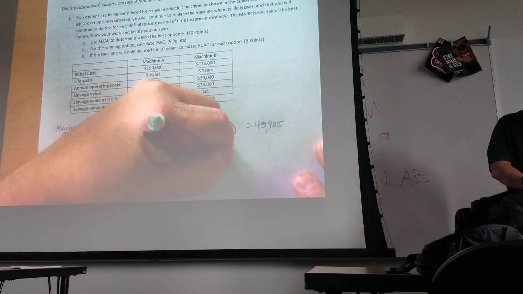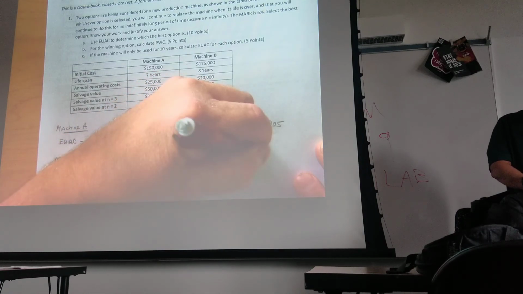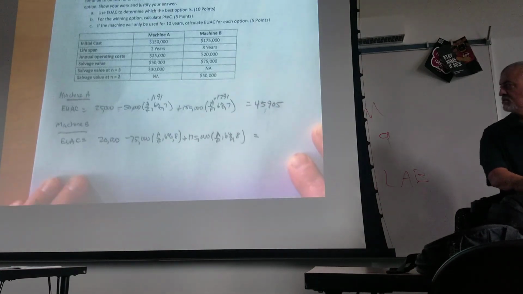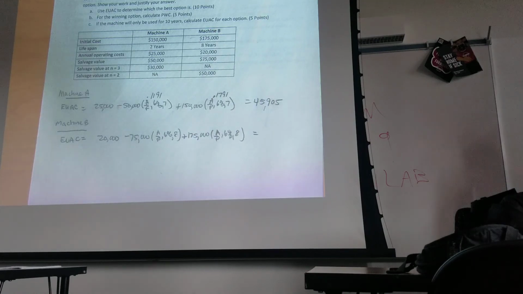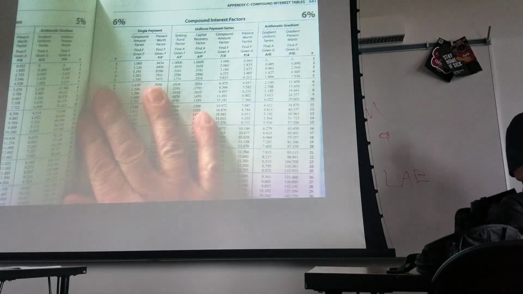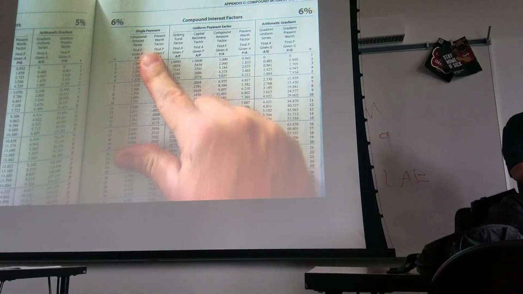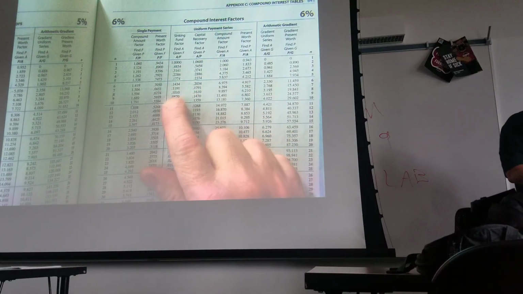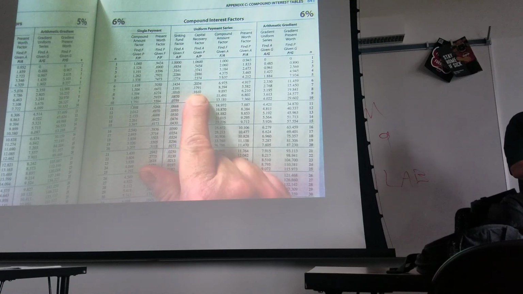A over P, 6%, 8. Okay, so we just read the next row down on the 6% table. A over F, A over P, 8 is 1010 and 1610.